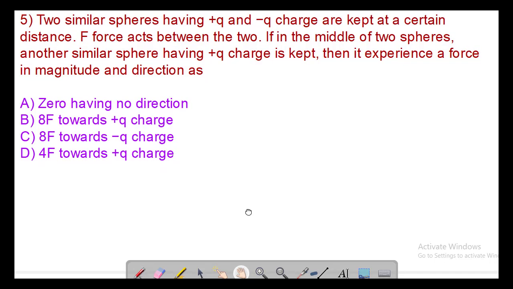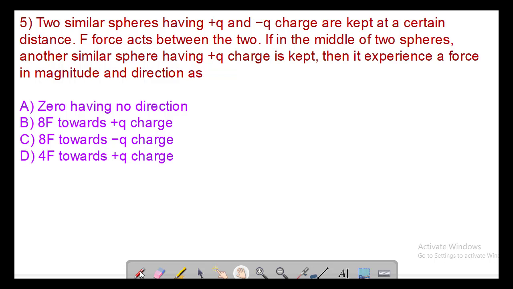So let us draw the diagram first. So we have here two spheres, one sphere and another sphere. They are similar spheres, separated by a distance small d.